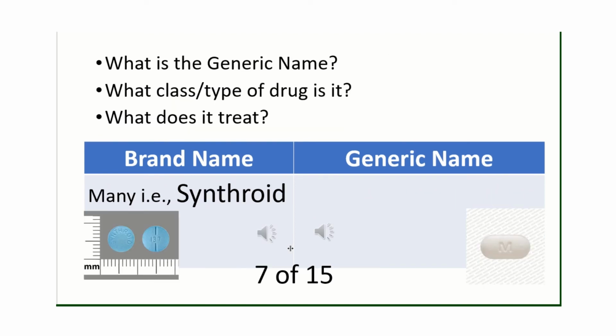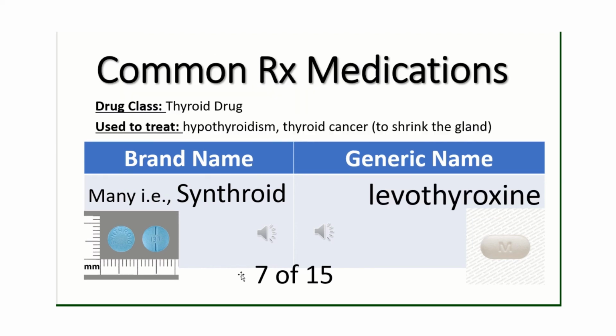What is the generic name for Synthroid? What type of drug is Synthroid? What does Synthroid treat? The generic name for Synthroid is levothyroxine. Synthroid and levothyroxine are thyroid medications.